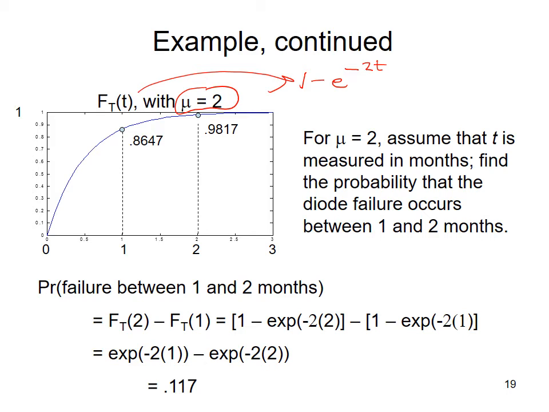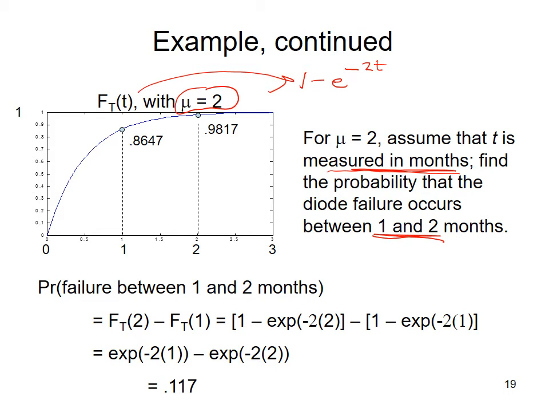And of course, the t values go along the line here. So for mu equals 2, assume that t is measured in months. Notice no units were given before. So now I'm saying let's assume that the time is given in months, and let's find the probability that the diode failure occurs between 1 and 2 months. So in that case, what we're asking is failure between 1 and 2 months.